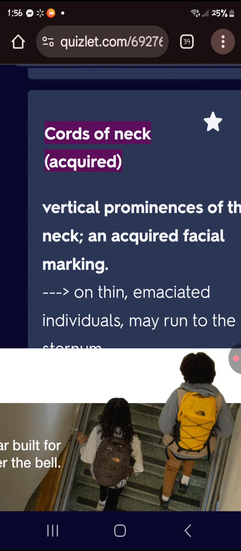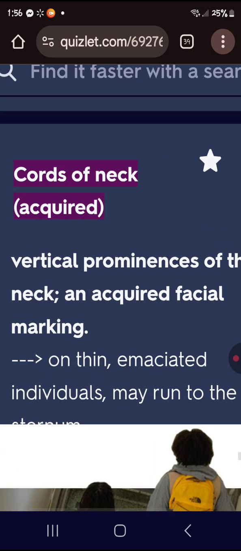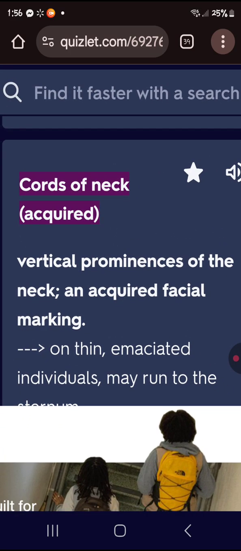Cords of the neck are the vertical prominences of the neck. Vertical prominences of the neck are the cords. For some reason, when I think of cords of the neck, I think of being strangled by a cord and that it's going to be horizontal, and that messes me up. This is vertical. It's like cords going up your neck, connecting your collarbone to your head.